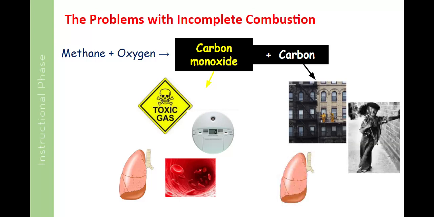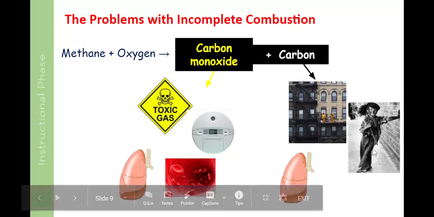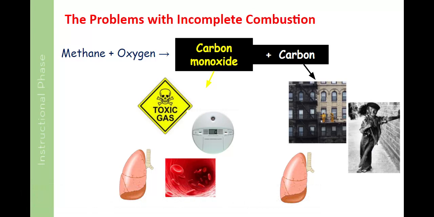And if inhaled, if you work around lots of soot particles, lots of carbon particulates, for example, many years ago in the Victorian times, they used to use young children to put them up the chimneys and clean them, sweep out the carbon.